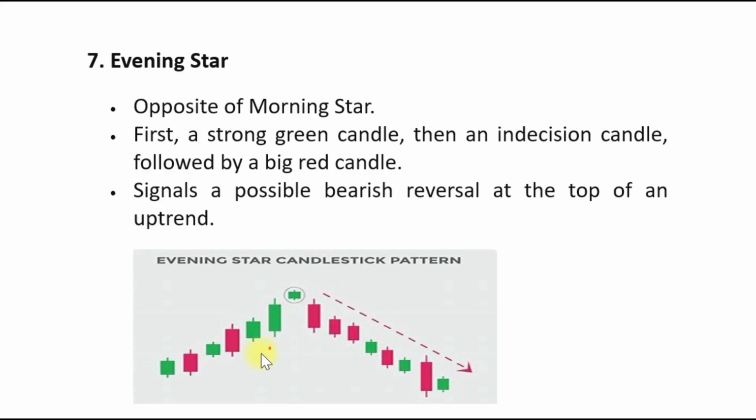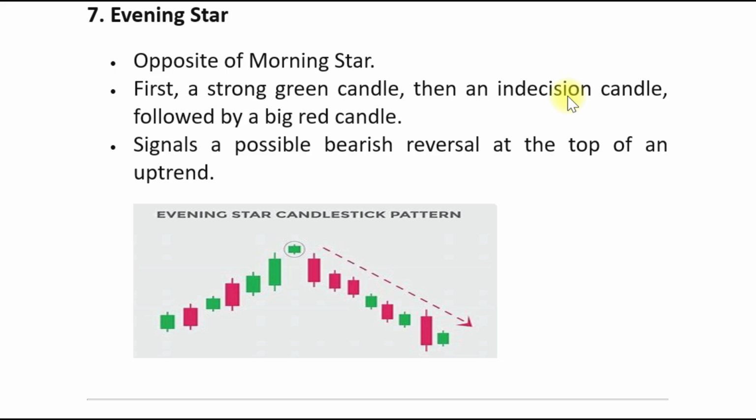Then we take a sell position at the low of this candle and the high will be the stop loss. The target will be 1:2. It is exactly the opposite of the morning star. If this pattern is formed in an uptrend or at a resistance level, then there is a possibility of a trend shift in the market.